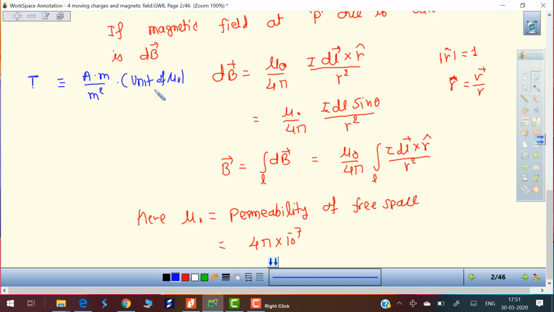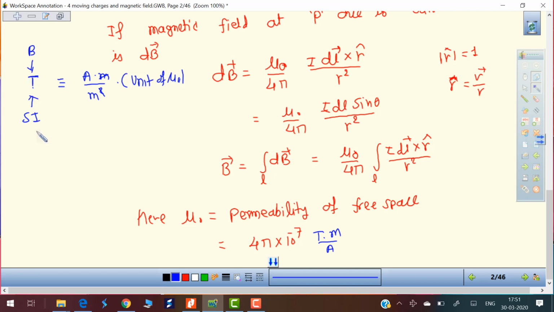So the unit of mu 0 you can find is Tesla meter per ampere. The unit of B is Tesla in the international SI system.